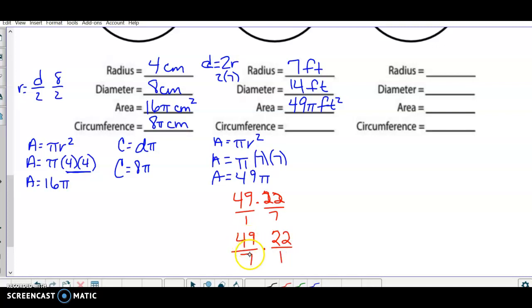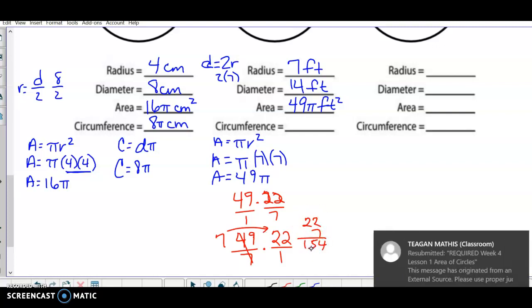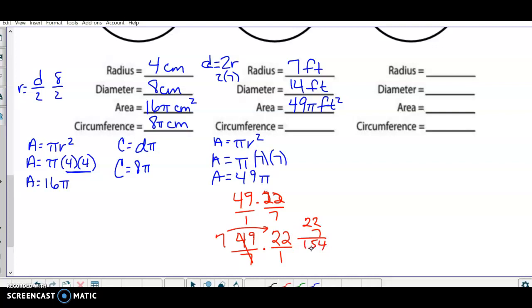Well, I know that 49 over 7 is just 7. So 7 times 22 is 154. So if we multiplied that out, that is what we would get. So just be aware that because this is a multiple of 7, we would use 22 over 7 and not pi as 3.14.